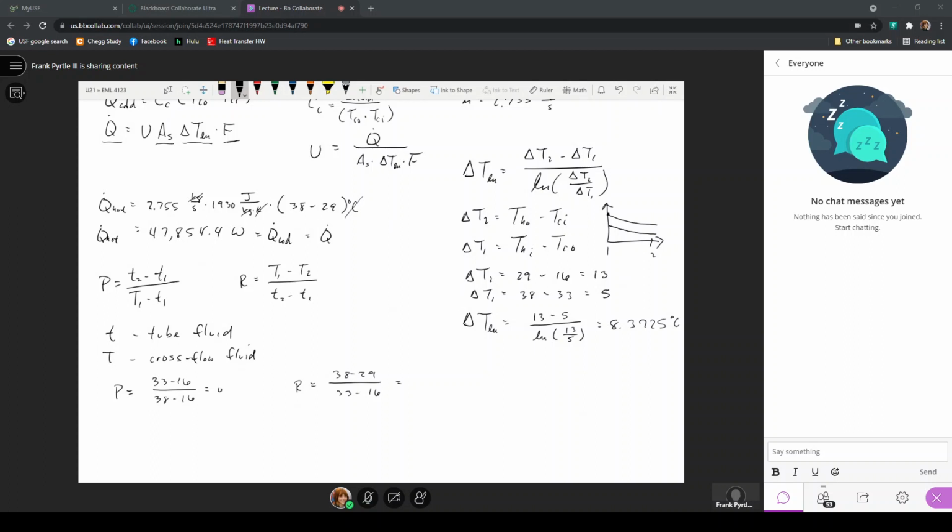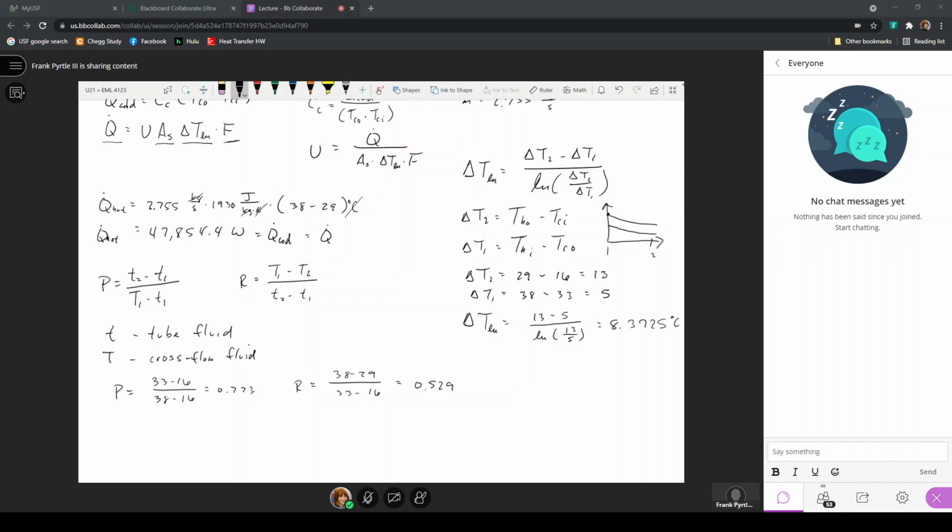All right, so I get 0.773 for the value of P, and for R, 38 minus 29 over 33 minus 16, I get 0.529. So those are the two quantities for P and R.